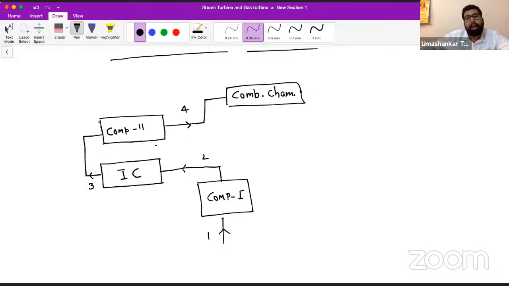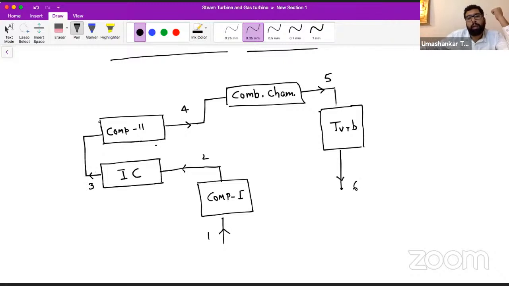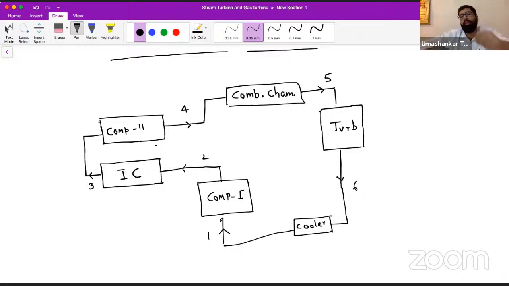After the air leaves the combustion chamber, it goes to the turbine. And when it leaves the turbine, it will go to the cooler. Then the cycle will complete, because after this cooler, the air will go to compressor 1.